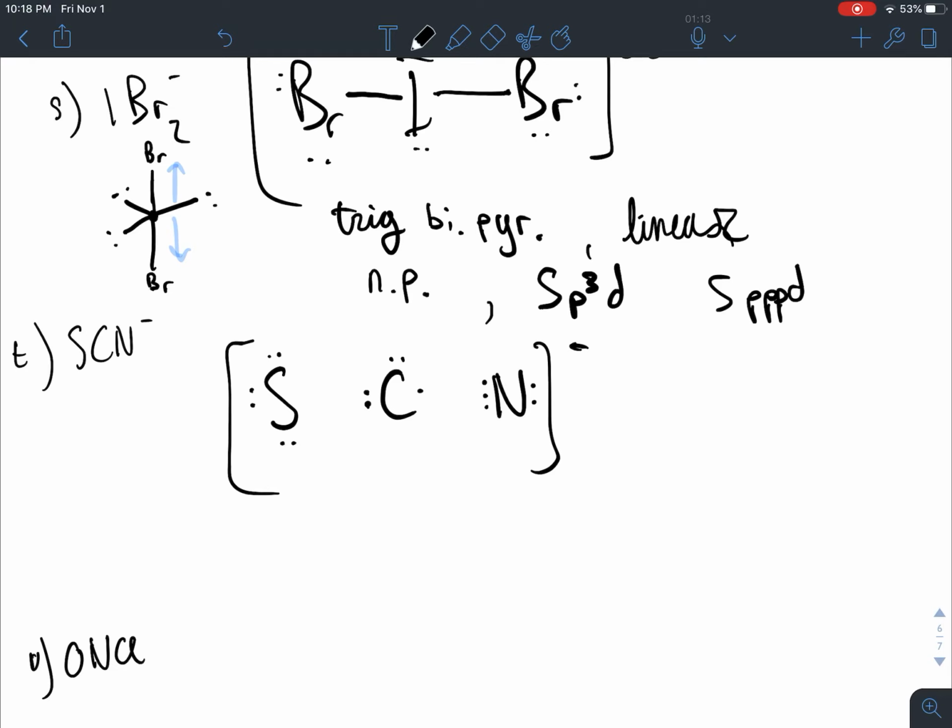We can put that there. And now I guess I didn't really connect the dots as well as I thought I was going to do. But no matter. There's a bond there. And a bond there. Bond there. And a bond there. Which, of course, we will redraw.